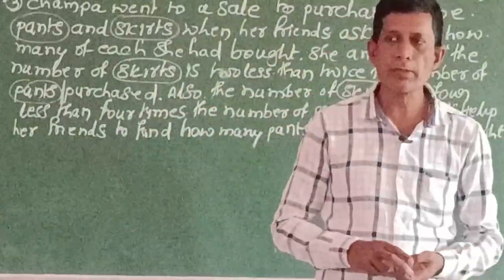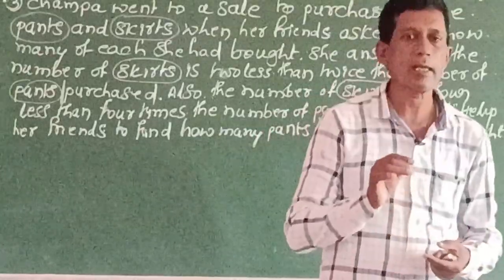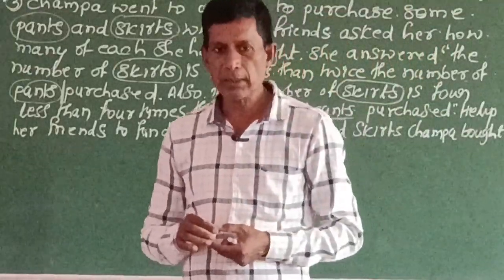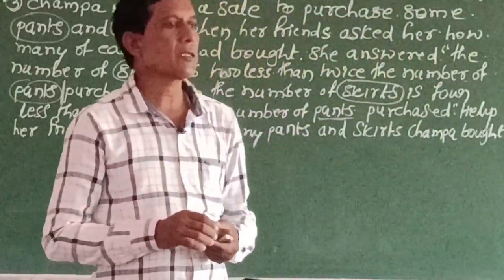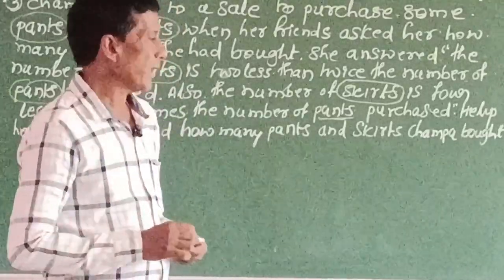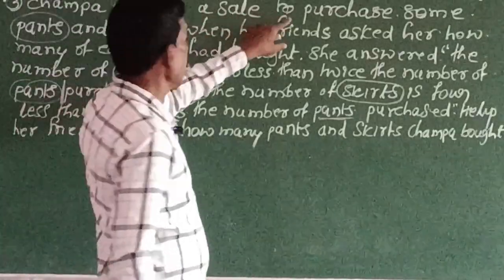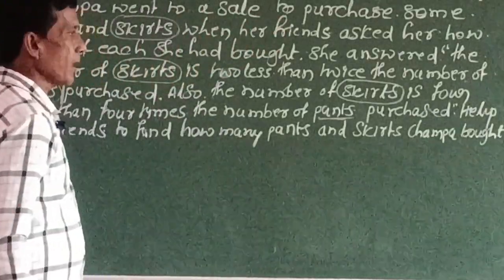The question is confusing because it is given in statements. So first you change the statements to a system of equations. Once again, Champa went to a market to purchase some pants.